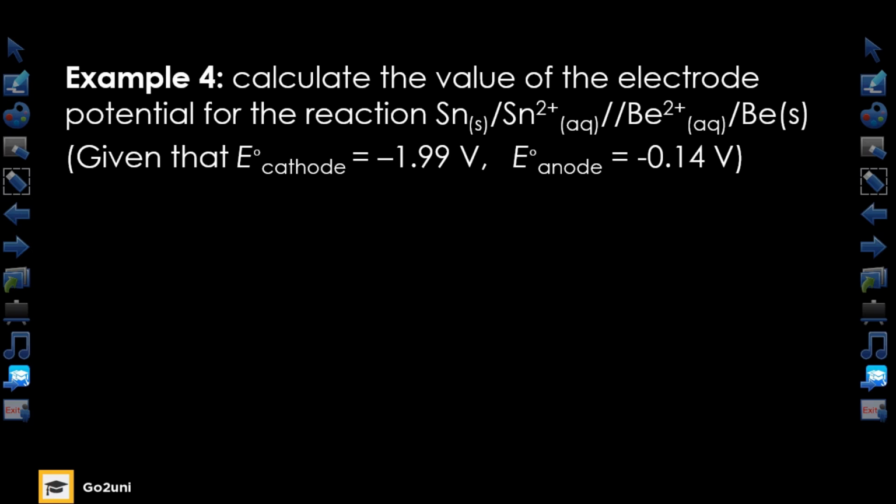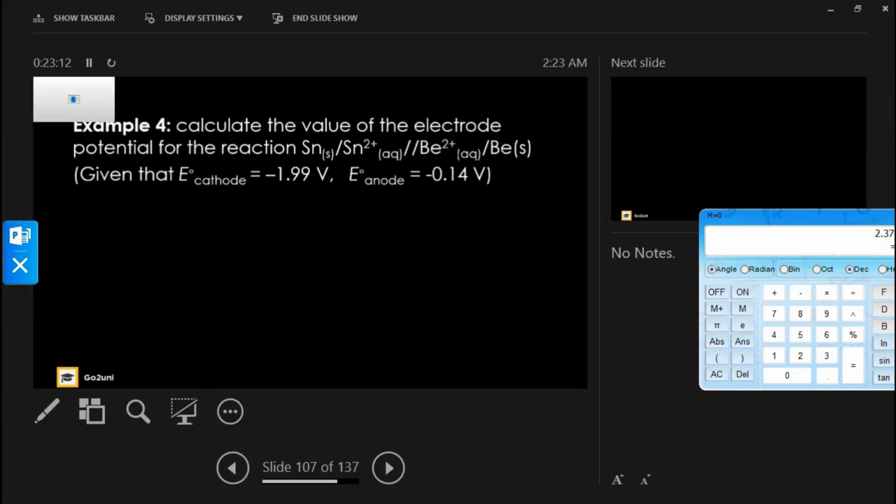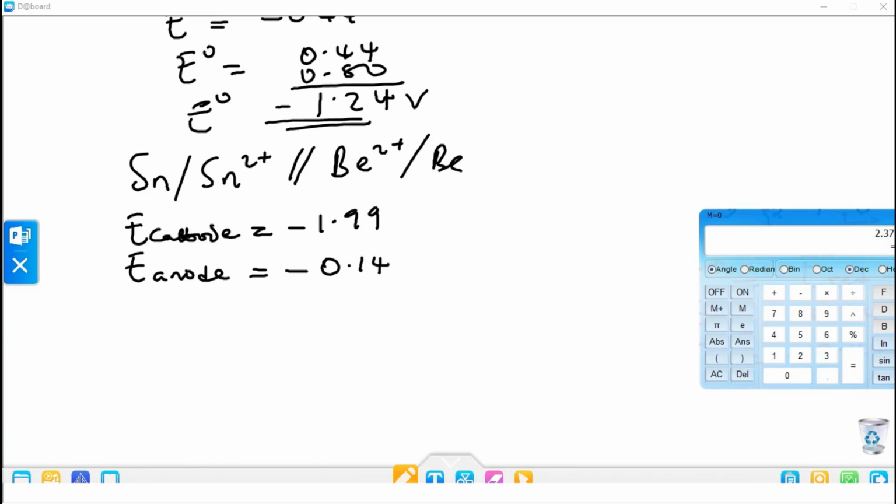So what we simply have to do is, tin is being oxidized. As tin is being oxidized, oxidation takes place at the anode. So E naught is going to be E reduction minus E oxidation. E reduction is for the cathode, which is minus 1.99.